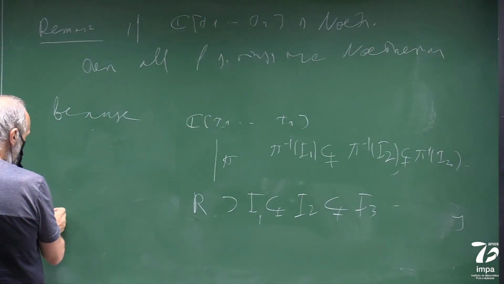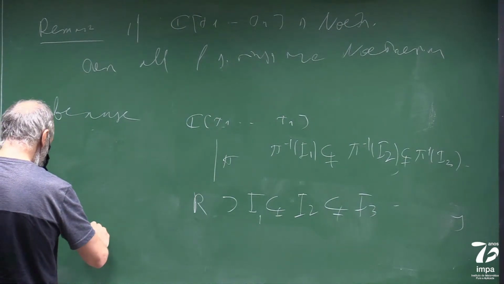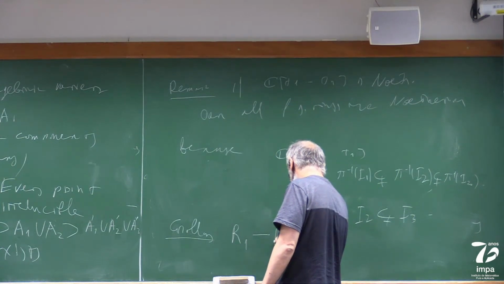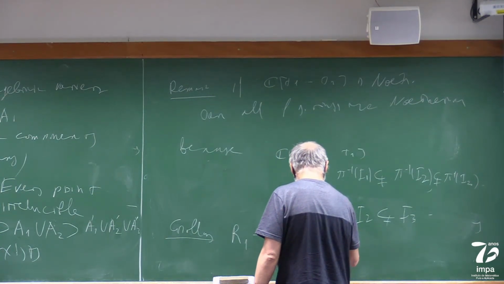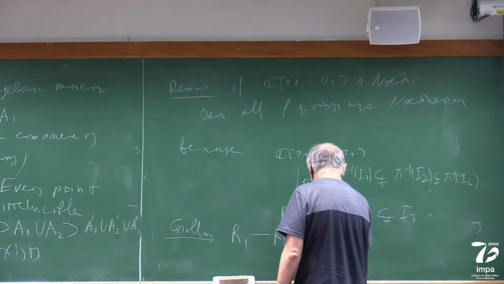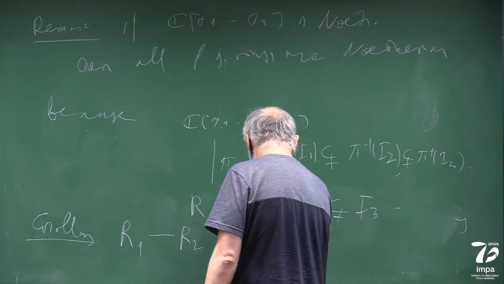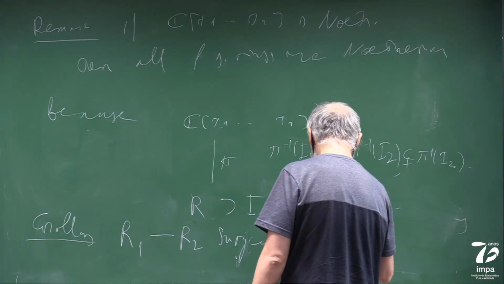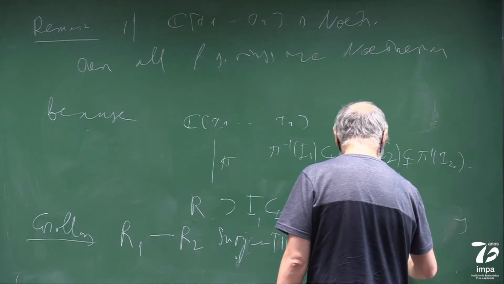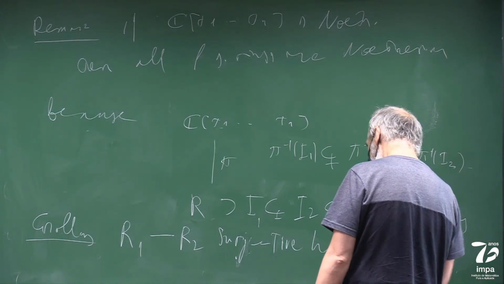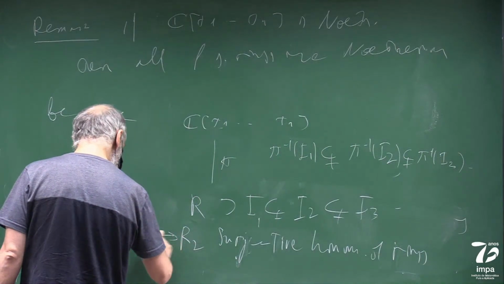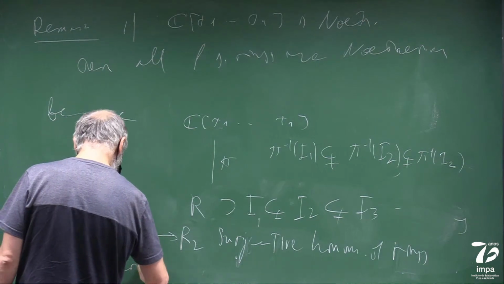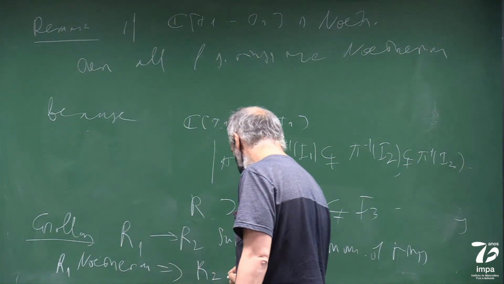So this also proves the following corollary. Suppose you have a surjective homomorphism of rings, and suppose that R1 is Noetherian, then R2 is also Noetherian.